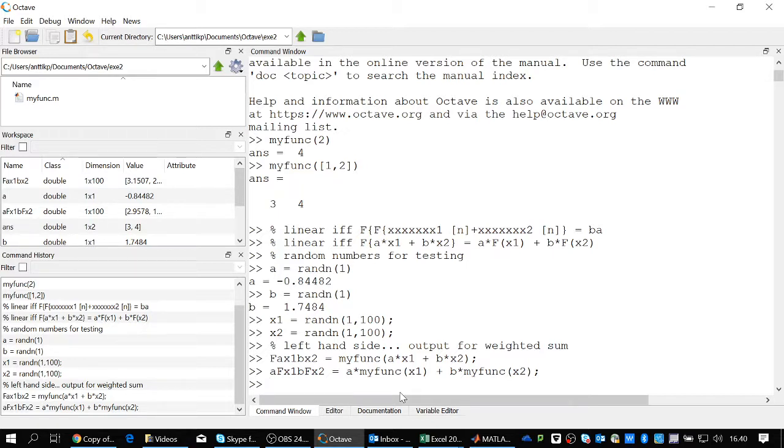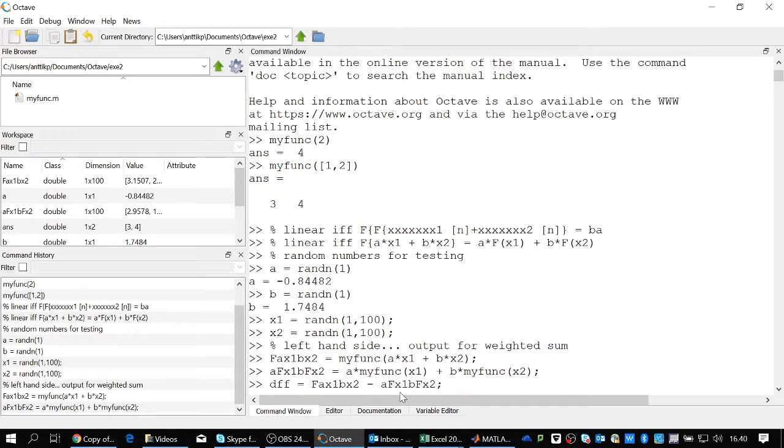So difference of those vectors actually would give, so basically we calculate the difference, diff equals F(a x1 + b x2) minus a F(x1) plus b F(x2).